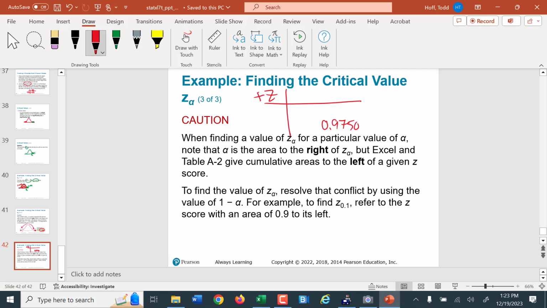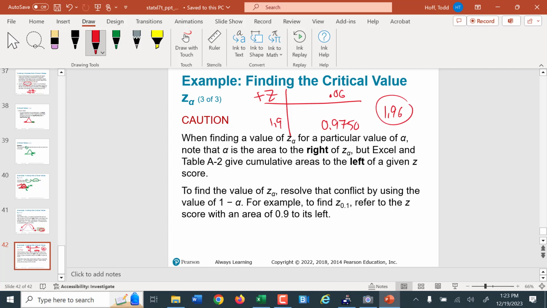As we find that in the table, it takes a while to find these usually. I have a 0.9564, not what I'm looking for, then 0.9750 exactly. I look above it, it's 0.06, and 1.9 over here, which gives me 1.96 as the z-score corresponding to that.